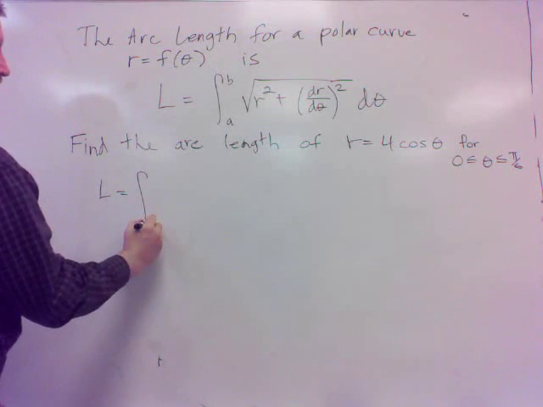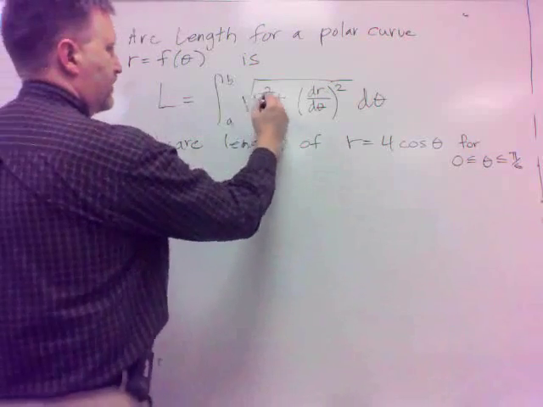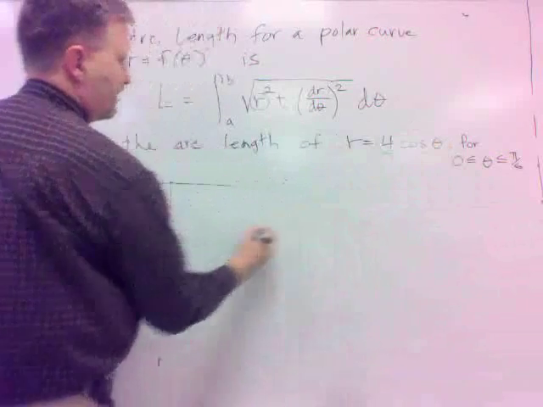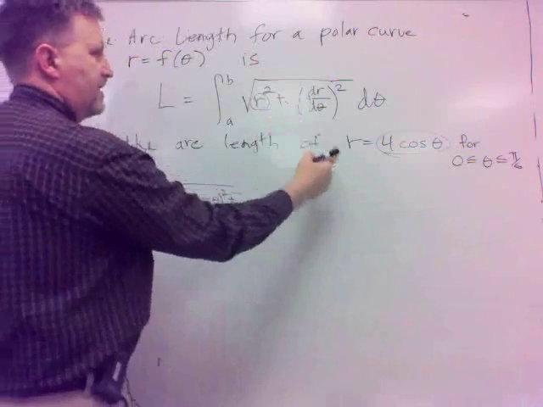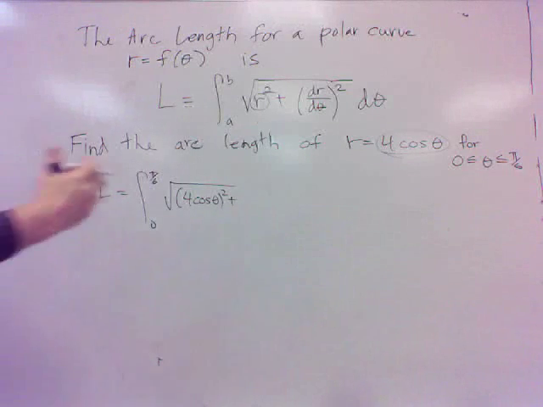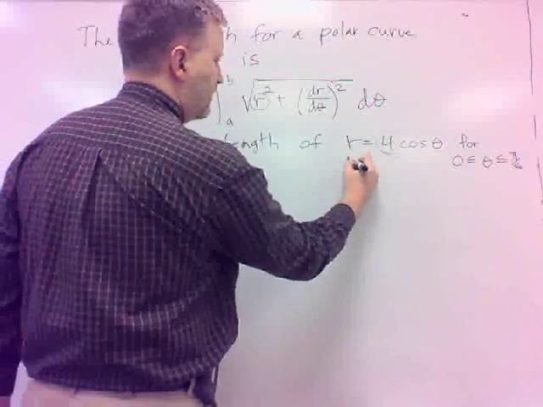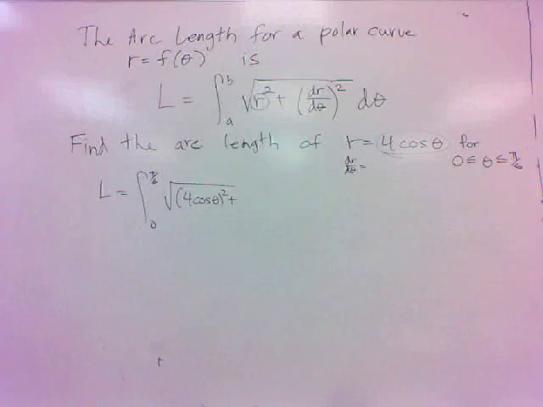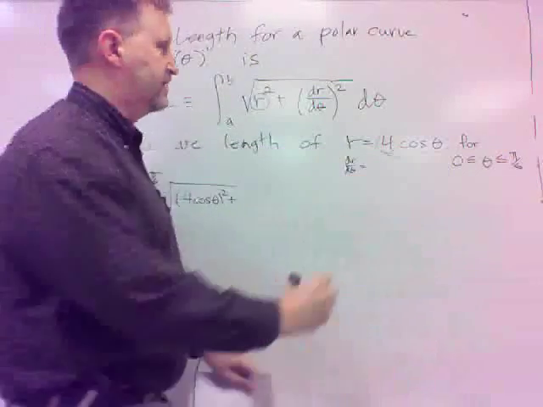We're going 0 to pi over 6, so that's my a and b. Square root the r squared, which is, this is r, I'm going to square that. Dr d theta is all that's wanting: the derivative of whatever your function is. You don't have to go parametric or anything like that, just the derivative of r with respect to theta, which is negative 4 sine theta.